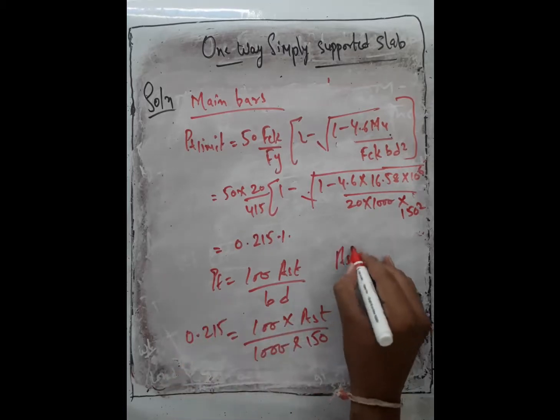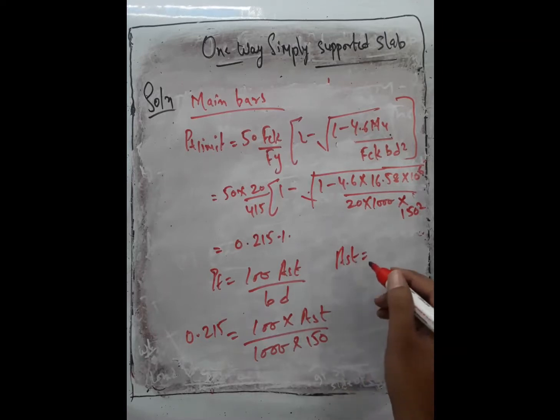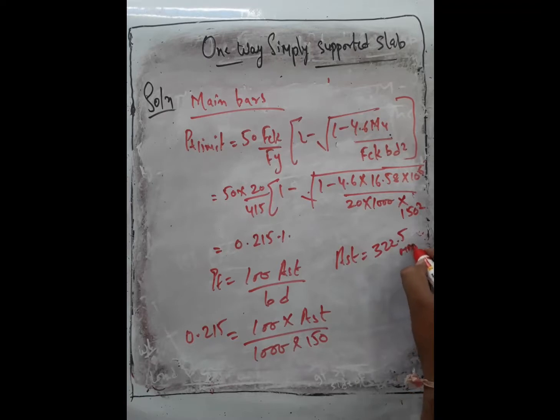So Ast is equal to, after solving this you get 322.5 mm square. So this is the method how we find the area of steel.